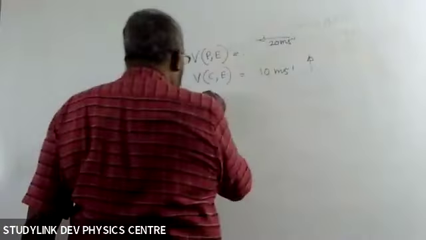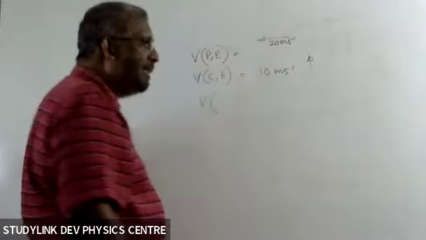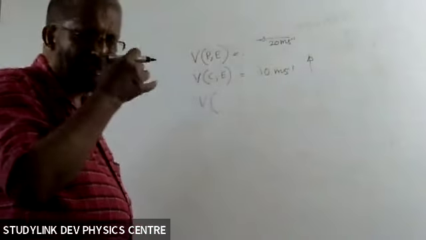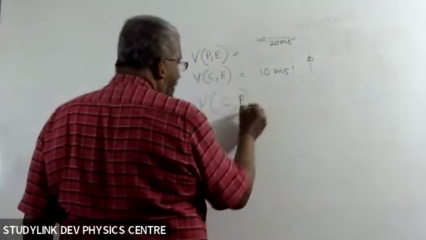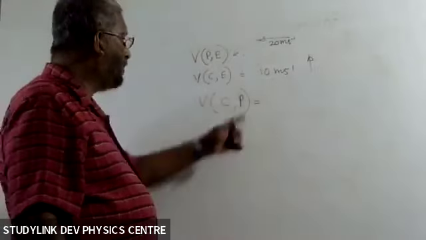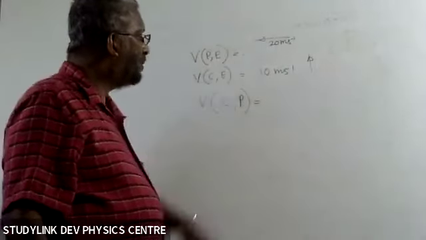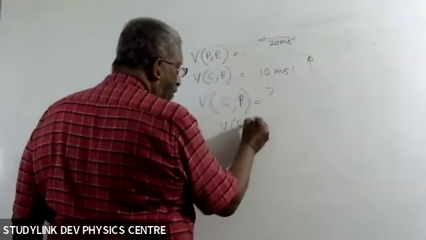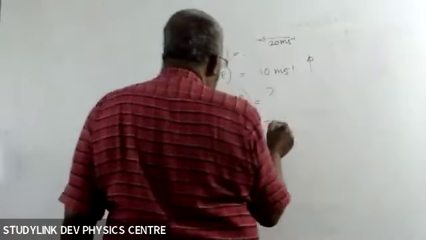So then we want to find how the pilot sees. Who is the observer? Pilot. So then velocity of the car relative to the pilot.